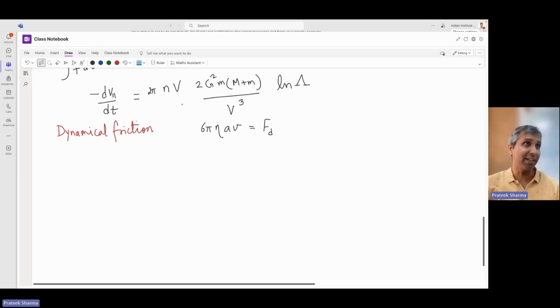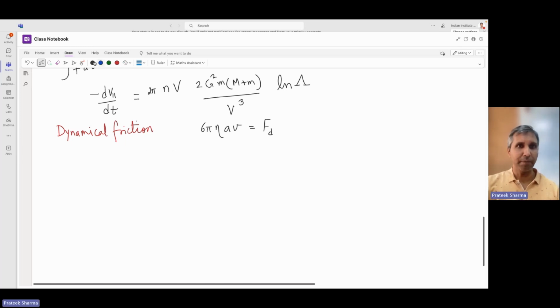So it's a similar thing, but totally different from the physical point of view. This happens because of gravitational interactions between the stars and the galaxy, whereas this is just due to fluid viscosity.